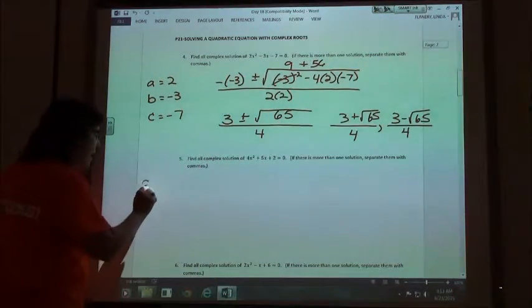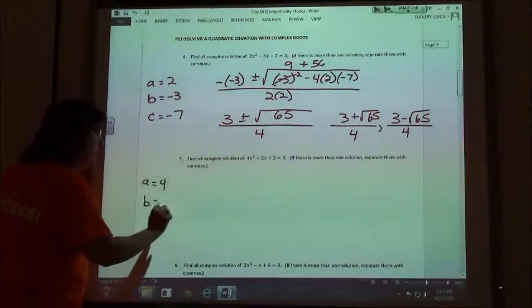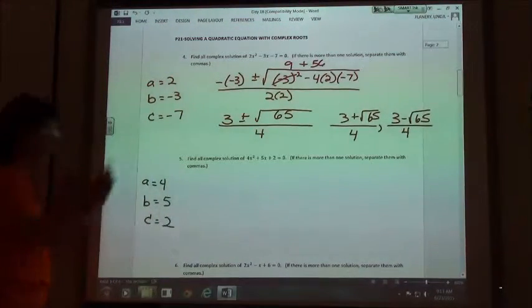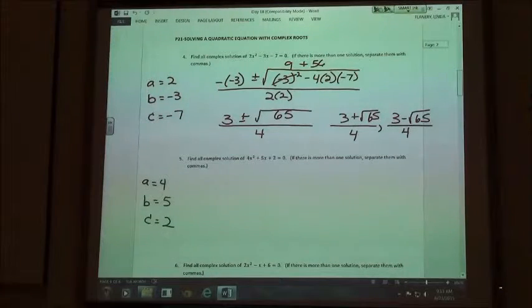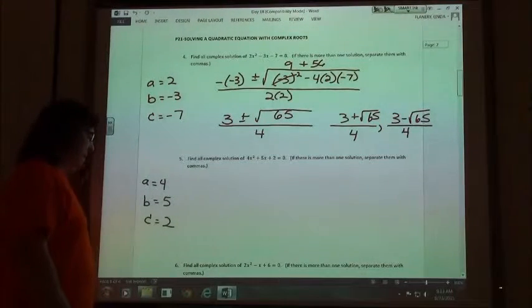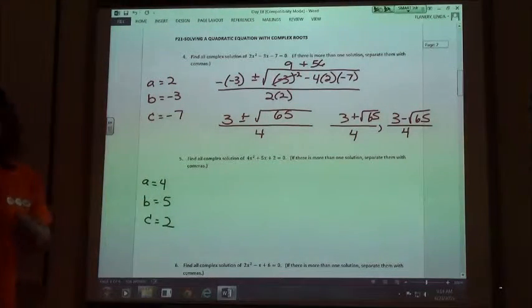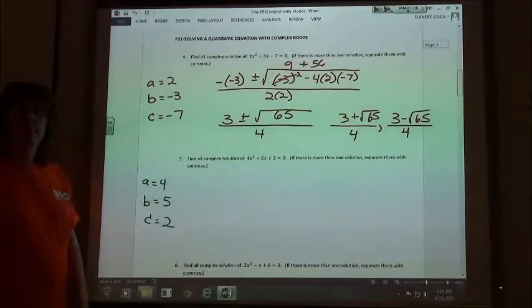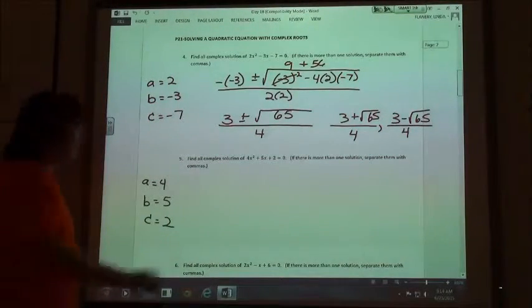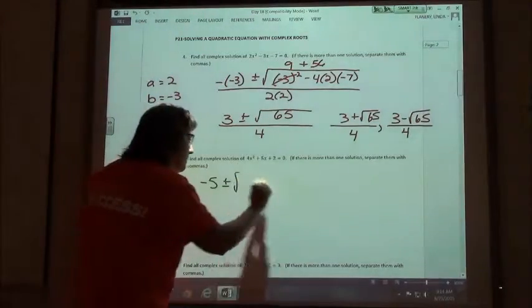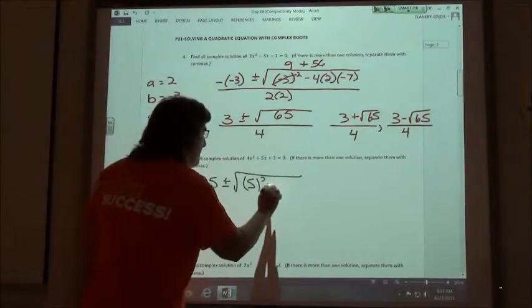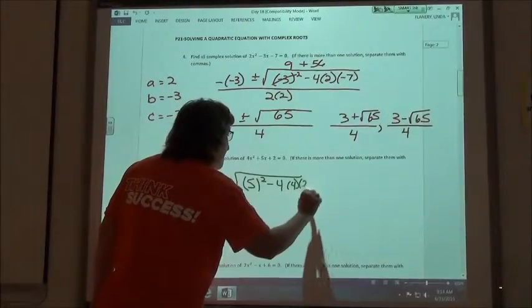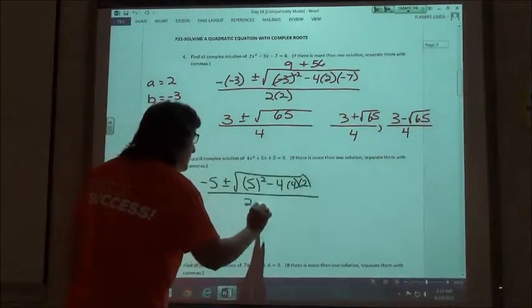So number 5, A is going to be 4, B is going to be 5, and C is going to be 2. If we plug that into our quadratic formula, what would we have? -5 plus or minus the square root of 5 squared minus 4 times 4 times 2 over 2 times 4.